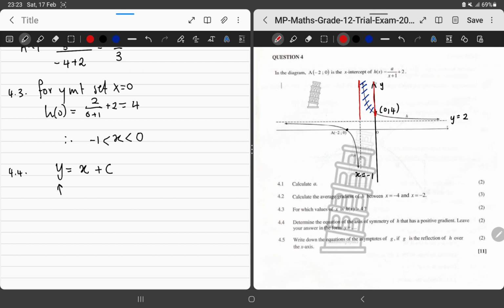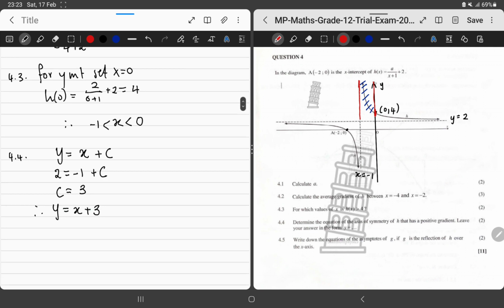Here you are going to substitute the y value of the asymptote, and there you are going to substitute the x value of the asymptote. y is equal to 2, and then x is equal to -1, plus c. So c should be equal to 3. Therefore, that equation will be given by y equals x plus 3.